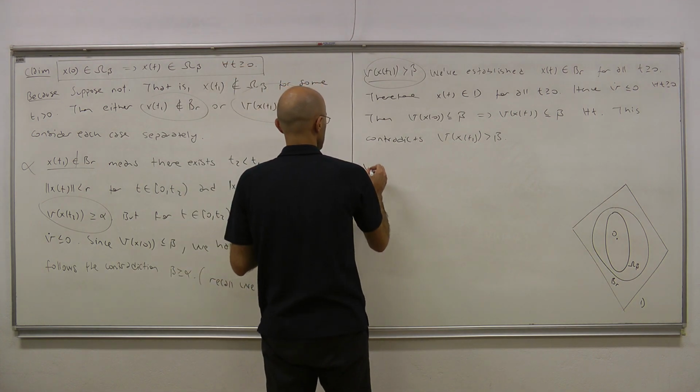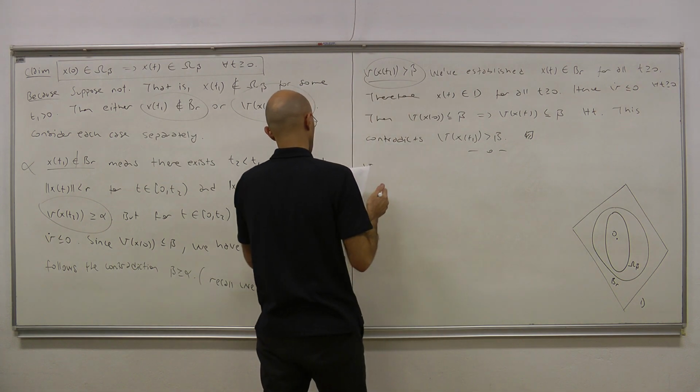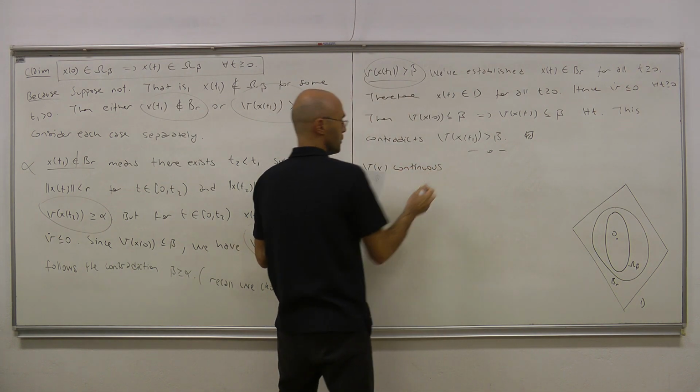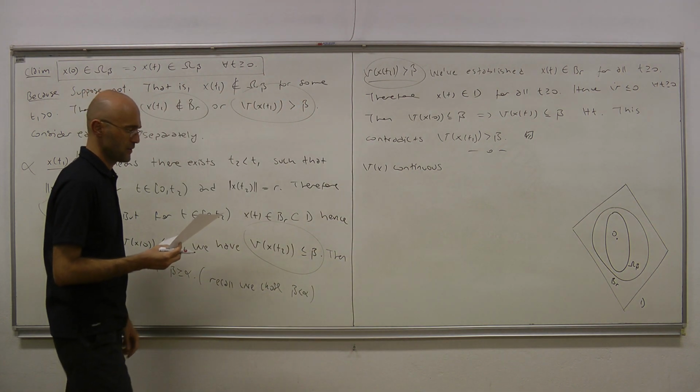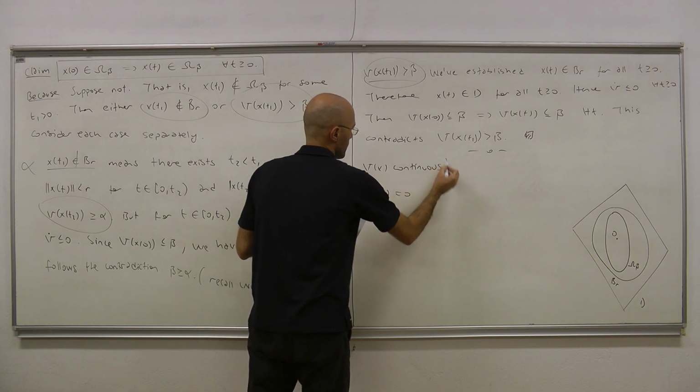Now V of x is continuous by assumption, and also it's 0 at 0.